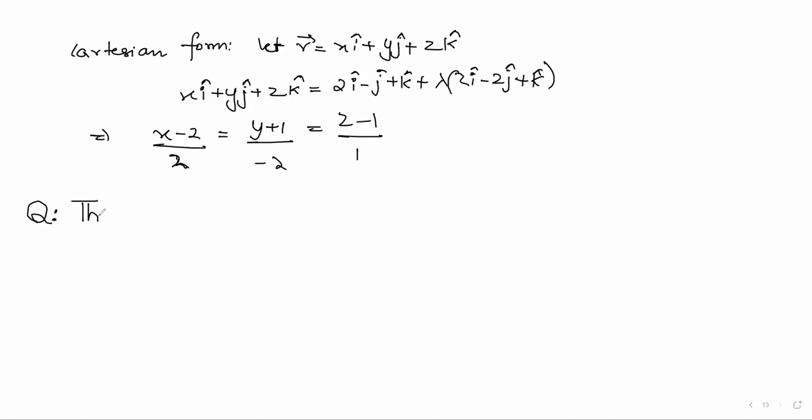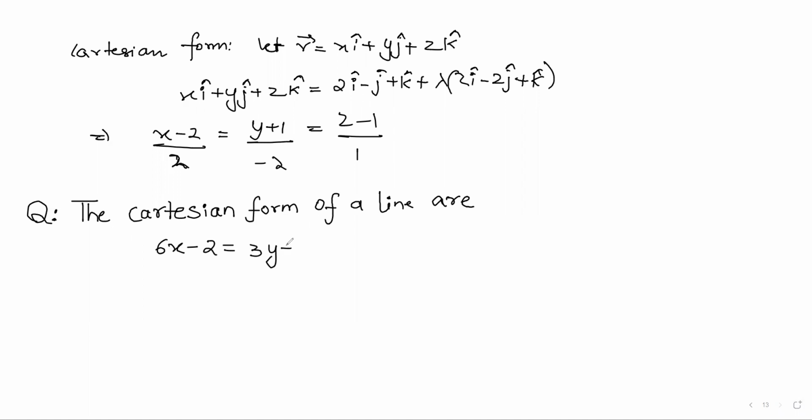The Cartesian form of a line R is this one: 6x minus 2 is equal to 3y plus 1 is equal to 2z minus 2.